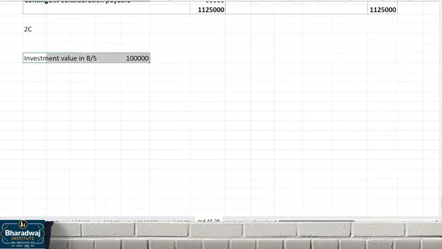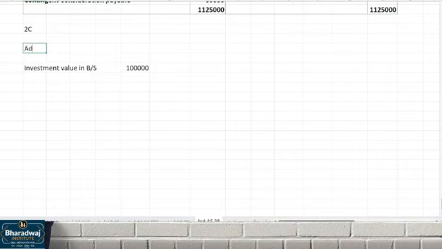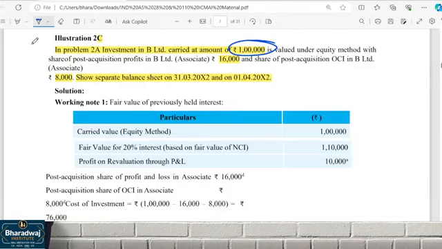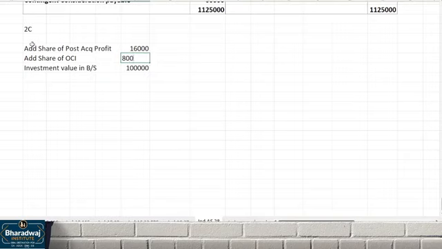It is like subsequent recognition. We would have added which one? Share of post acquisition profit. What is the share of post acquisition profit from associate? 16,000. We would have added share of post acquisition other comprehensive income. What is that? 8,000.